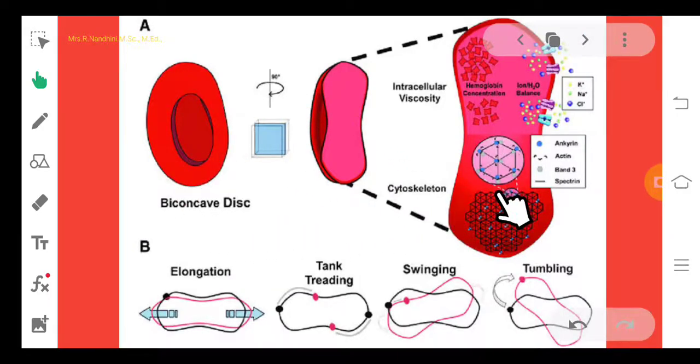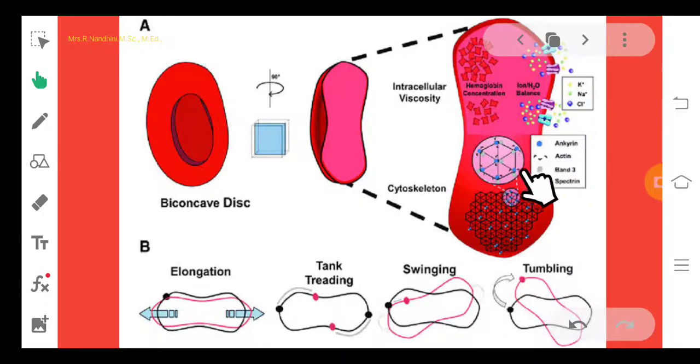So this is the micro view of RBC. Biconcave disc. This is the sectional view. So see, potassium, sodium, chlorine ions, ion channels.